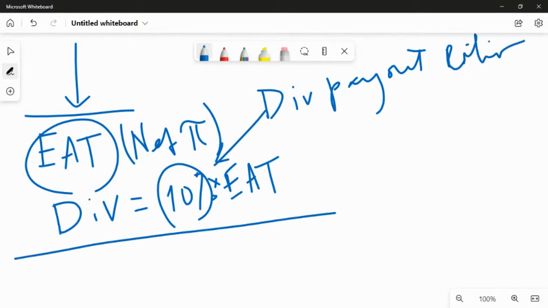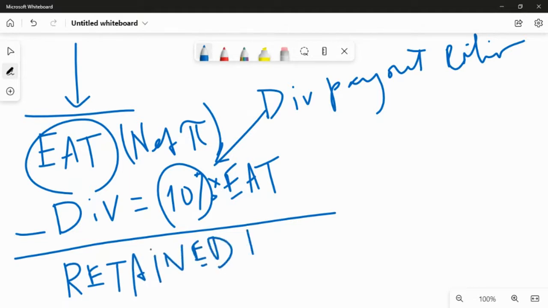So it has to come from the EAT. If the EAT is 0 or negative, there's no way they can pay. And whatever is left after that is called retained earnings. Remember that? Retained earnings.